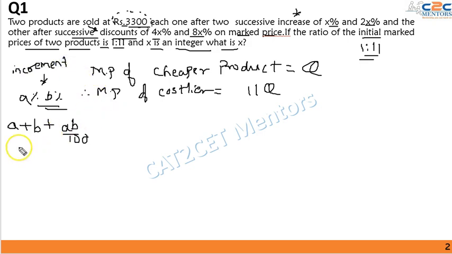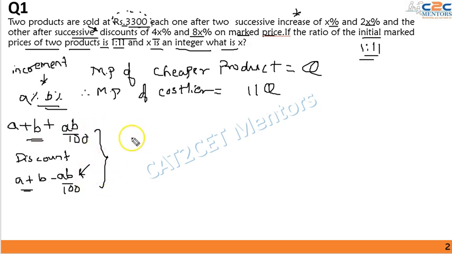Similarly, when discounts are offered, as we discussed in the previous question with successive discounts, we use the formula A plus B minus AB by 100. Whenever there is a decrement of price or of quantity, the formula used for the resultant decrease is this. For the resultant increase, the formula is this. Alright, now using these formulas, we'll proceed further.